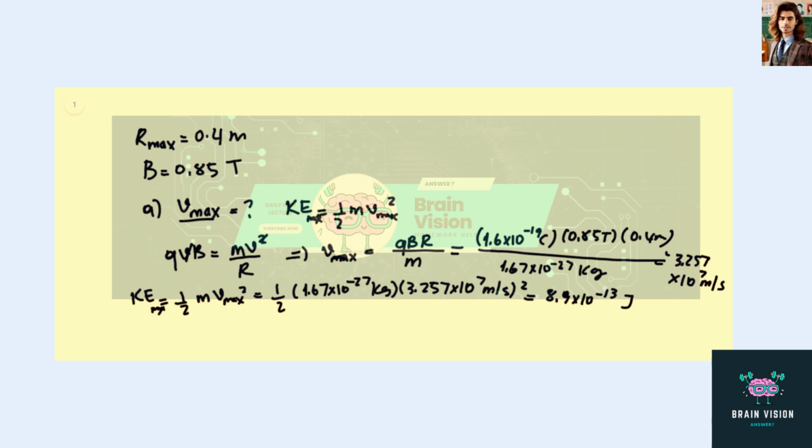So if we divide this by 1.6 times 10 to the power negative 19, then we can find the maximum kinetic energy in terms of electron volts. It would be equal to 5.6 times 10 to the power 6 electron volts. So we either give this answer in joules, or we divide it by the charge of a proton, and we find it in terms of electron volts.